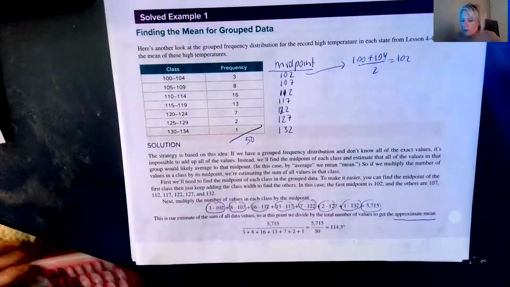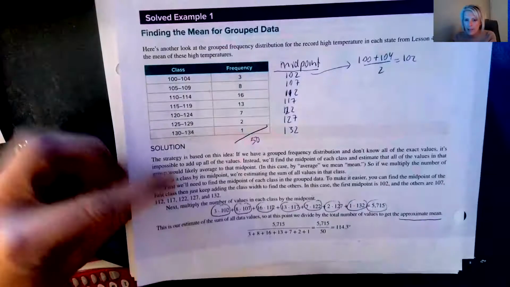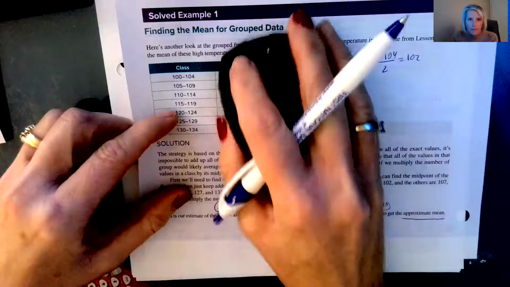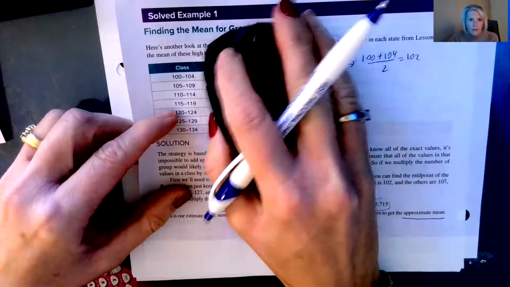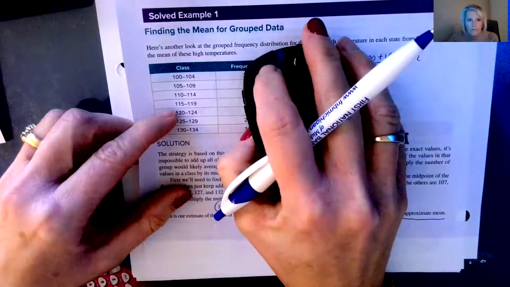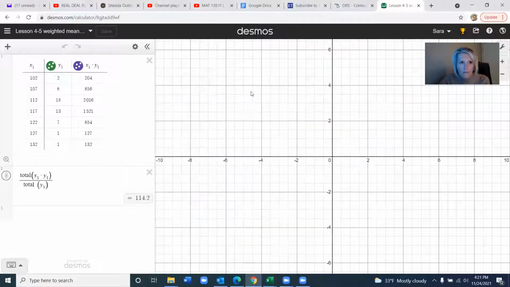So I want to show you in Desmos how you can do this. In Desmos, I put the midpoints in X1, that's the key, and then I put my frequencies in X2. And then I made a second column similar to what we did back in Unit 2 when we were multiplying columns.